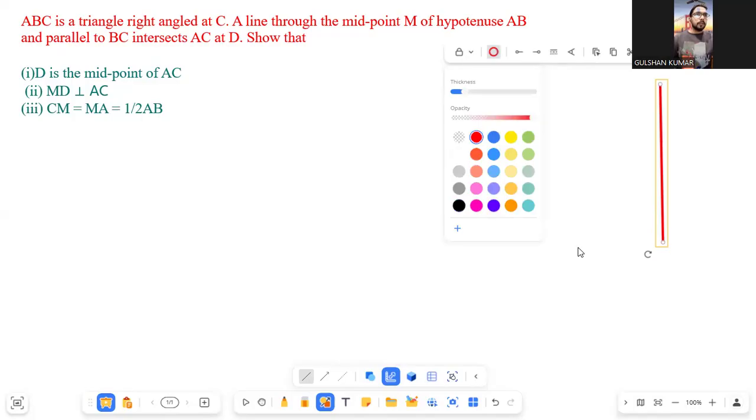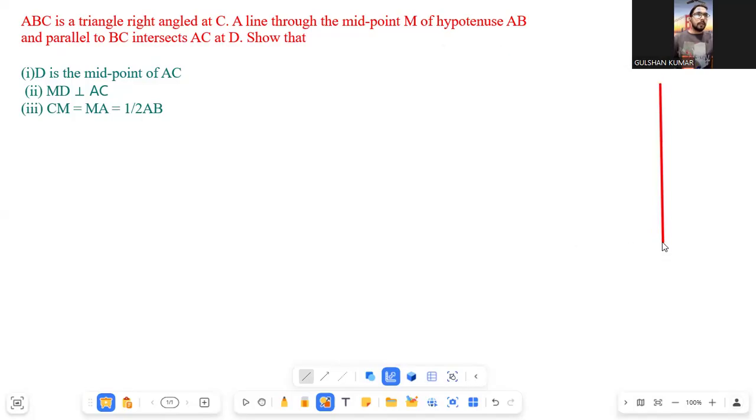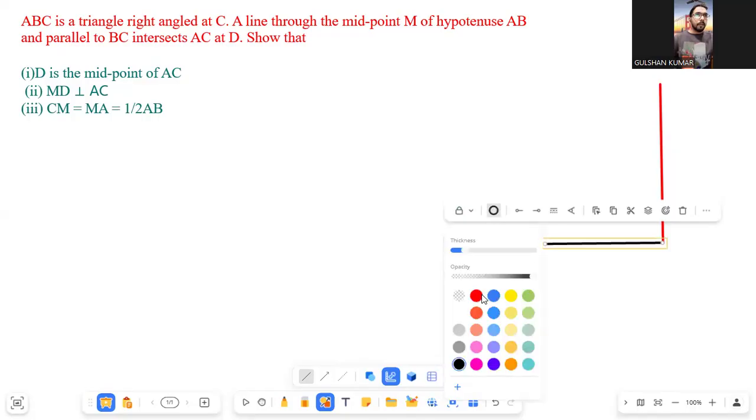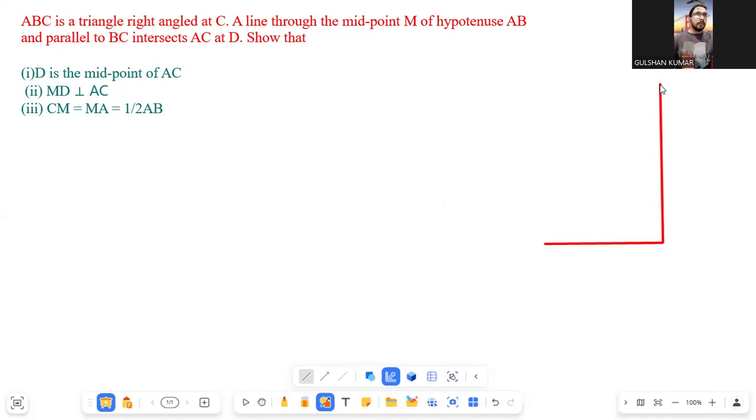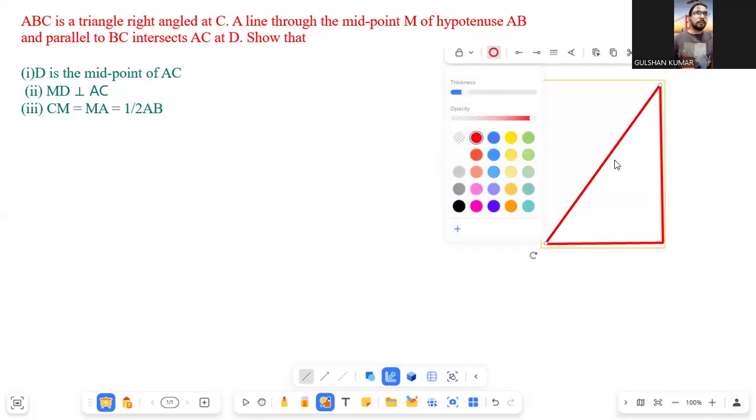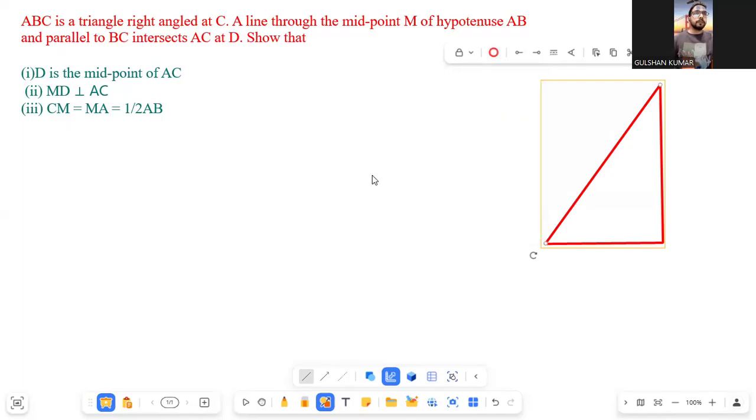This is the first line, this is the second line, and this is the third line, which is the hypotenuse. Now we have a basic triangle here.